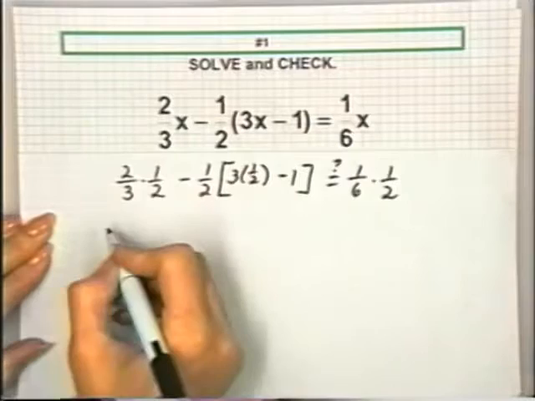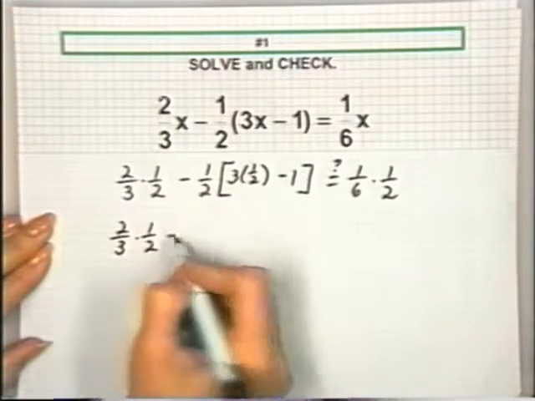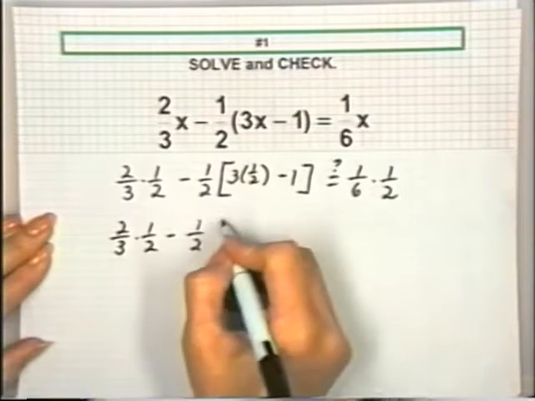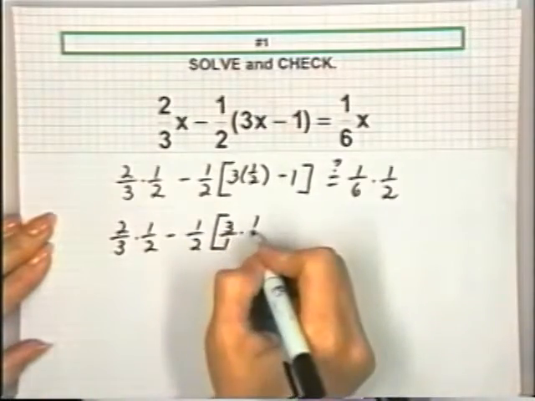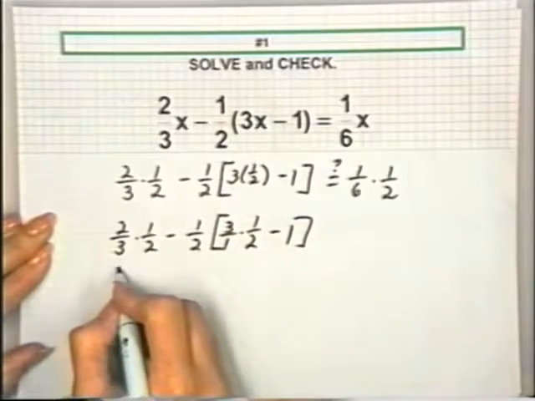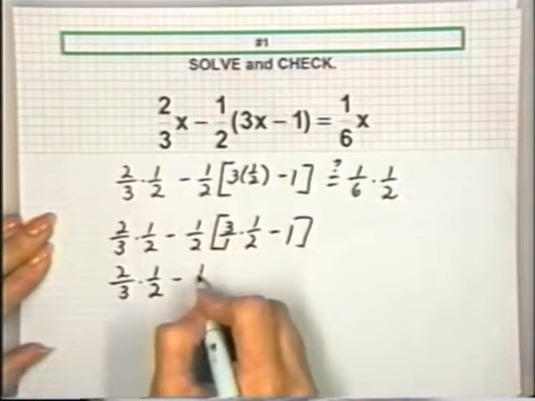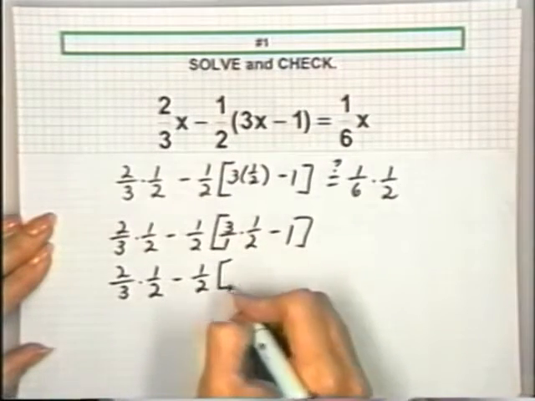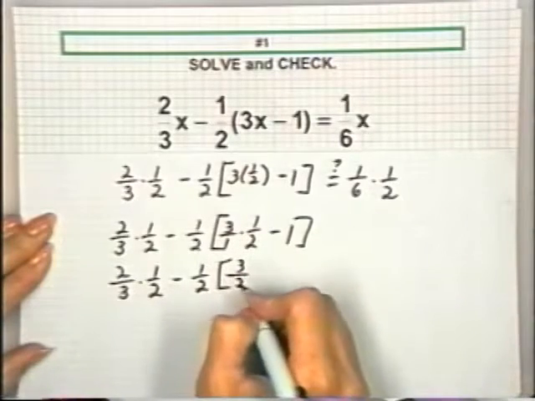Let's work what's in brackets first. I'll have 2/3 times 1/2, subtract 1/2. In the brackets, I will say 3 is 3/1 times 1/2, subtract 1. 2/3 times 1/2, subtract the 1/2. 3 times 1 is 3. 1 times 2 is 2.